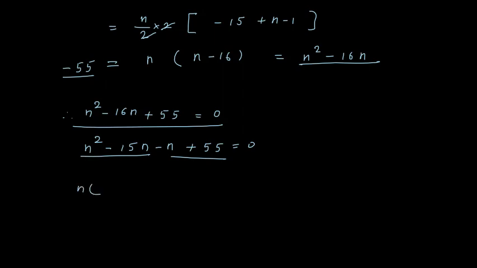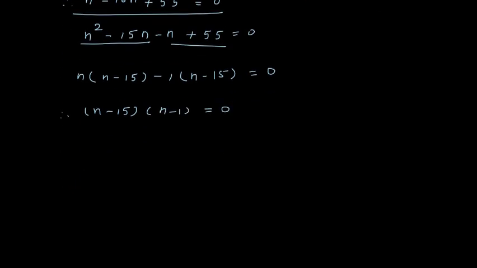Now I will take n common, so it is n minus 15, minus, here I will take 1 common, it is n minus 15. This is equal to 0. So therefore it will give me n minus 15 into n minus 1 equal to 0. So therefore we will say that n is 15 or n is 1.